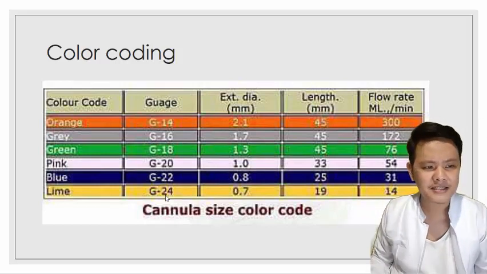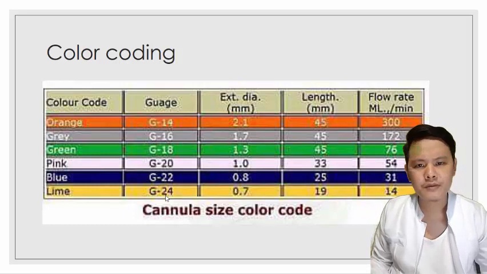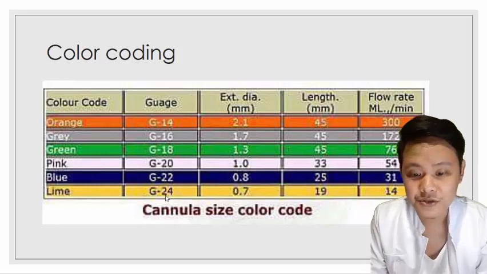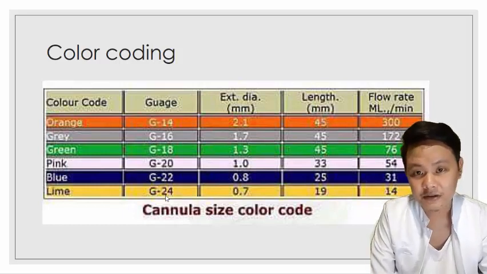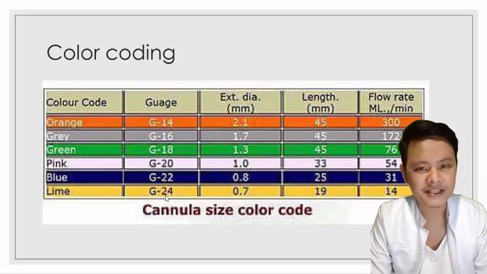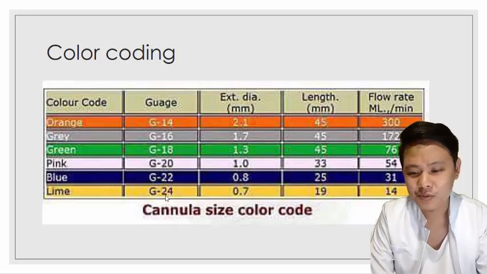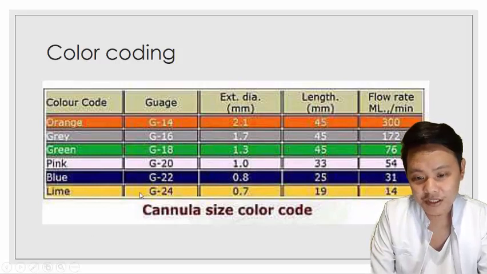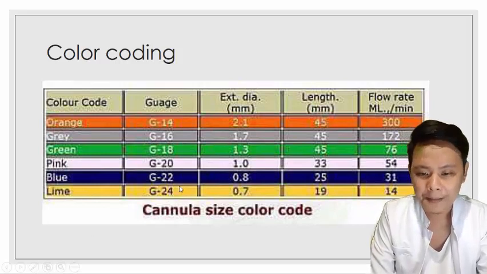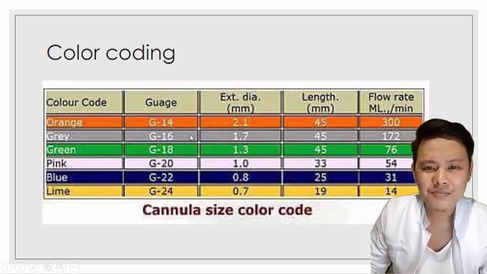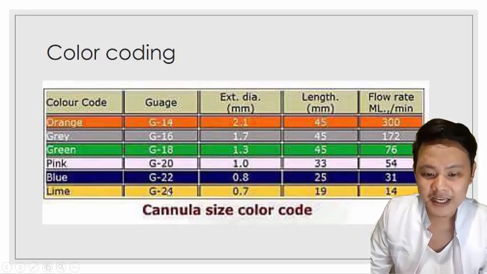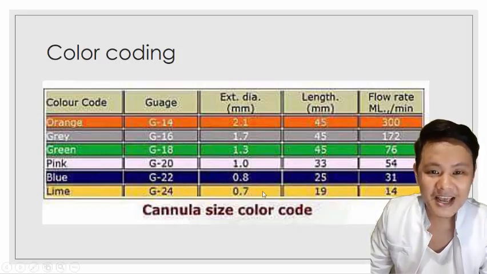For example, emergency case. Kailangan itong pasyente na to bigyan ng dugo. We can use gauge 16 or 18. Ngayon, kapag ang case naman natin is pedia, mga bata, we will use the lime or yellow, which is gauge 24. Bakit? Tandaan ninyo na habang tumataas ang number, is bumababa din po ang diameter.